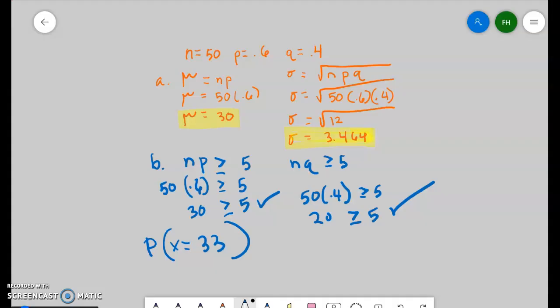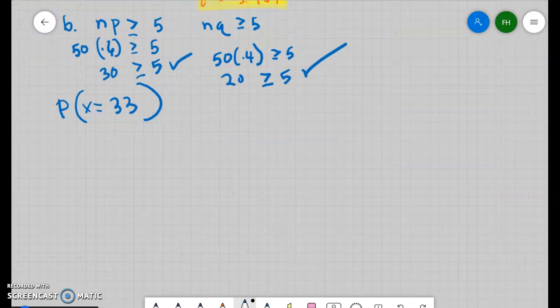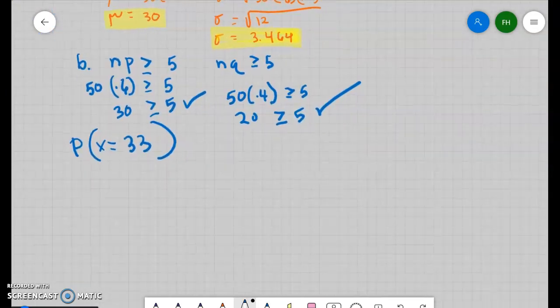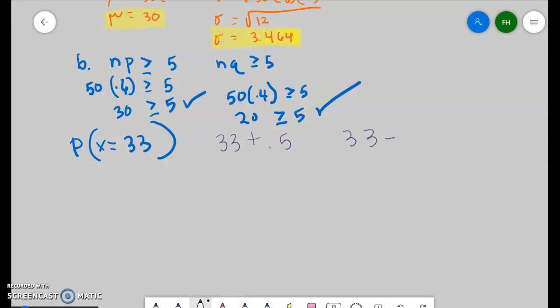So what we're going to do, I'm going to move this over a little bit, is to find the probability that x is equal to 33, we're going to add 33 plus 0.5 and 33 minus 0.5 to get our interval. So if we do that, we're going to get 33. Let's start with our smaller value here.